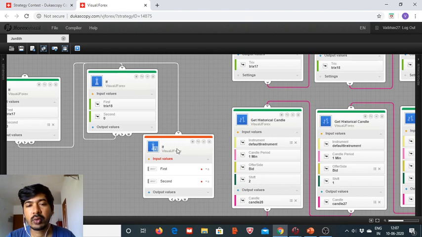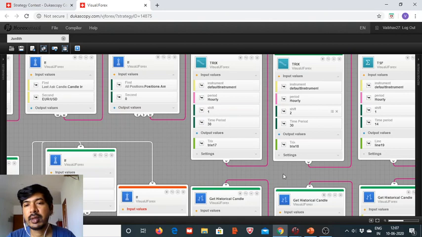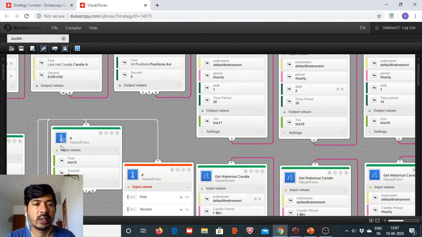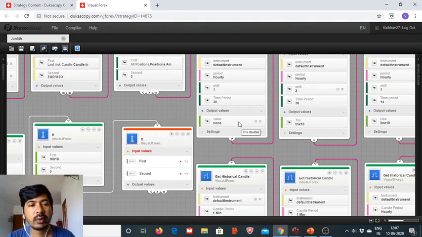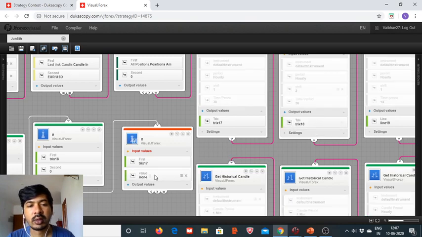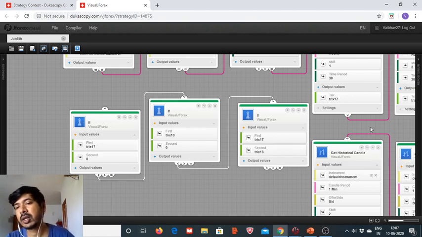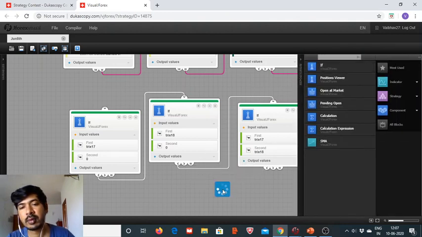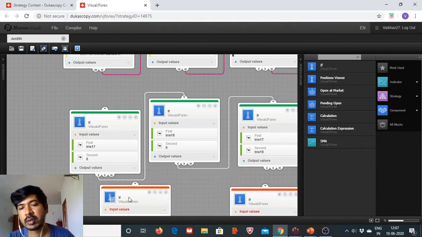Now is the time to compare TRIX 17 and TRIX 18 values. And the TRIX 17 should be less than the TRIX 18. That will mean that the TRIX values are going down. So we take this here, it is below 0, and then the TRIX 17 is lower than the TRIX 18.